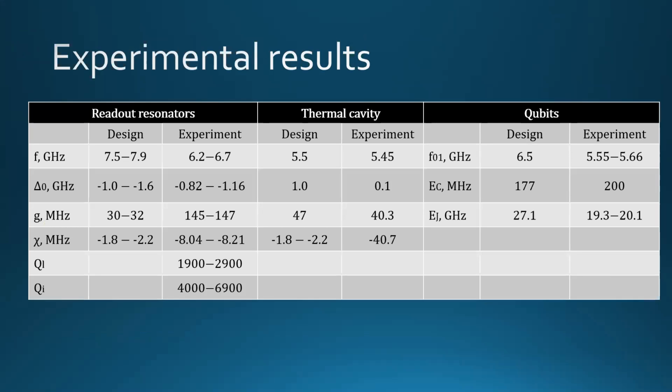The biggest error was in this resonance frequency, and that was actually caused by these big couplers. I didn't know how to simulate them when I made this design. And then the difference between the design Josephson energy and the real Josephson energy which I achieved is also significant, like 1/4.